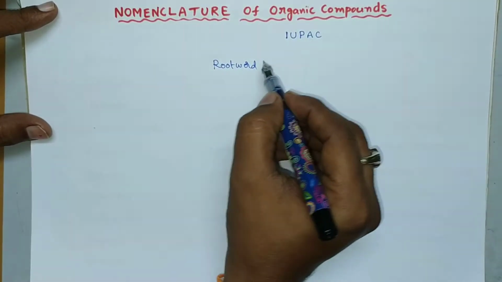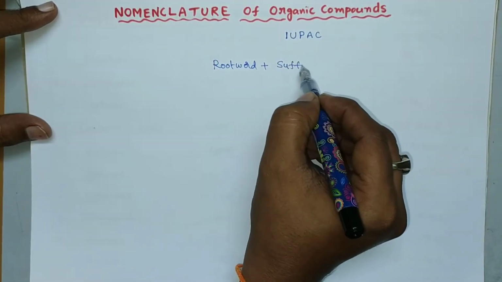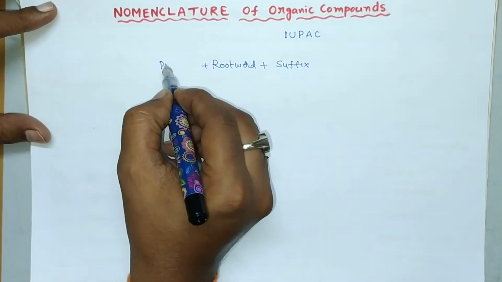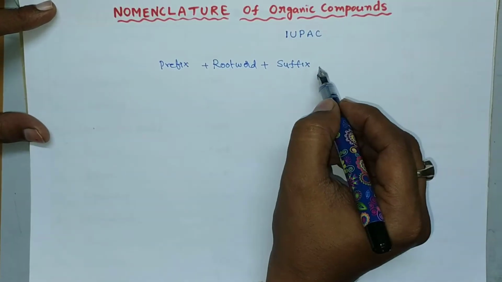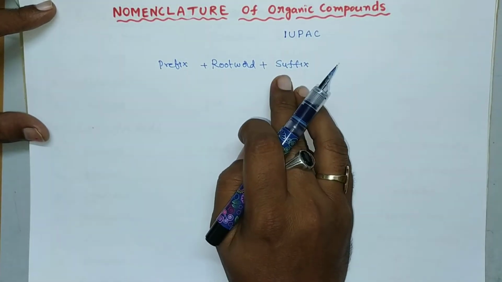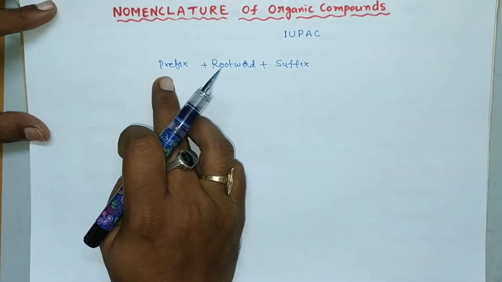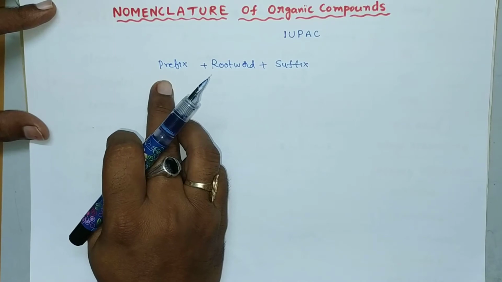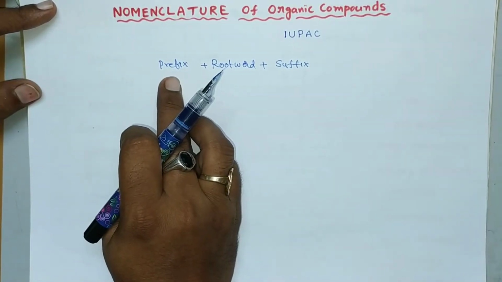The second one is the suffix, and before the root word we have to fix a prefix. Suffix means the term which is fixed after the root word. Prefix means the term which is fixed before the root word.